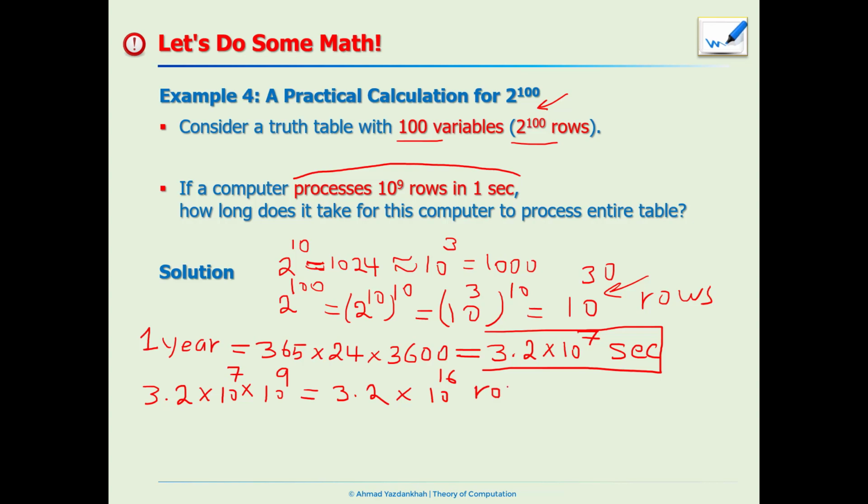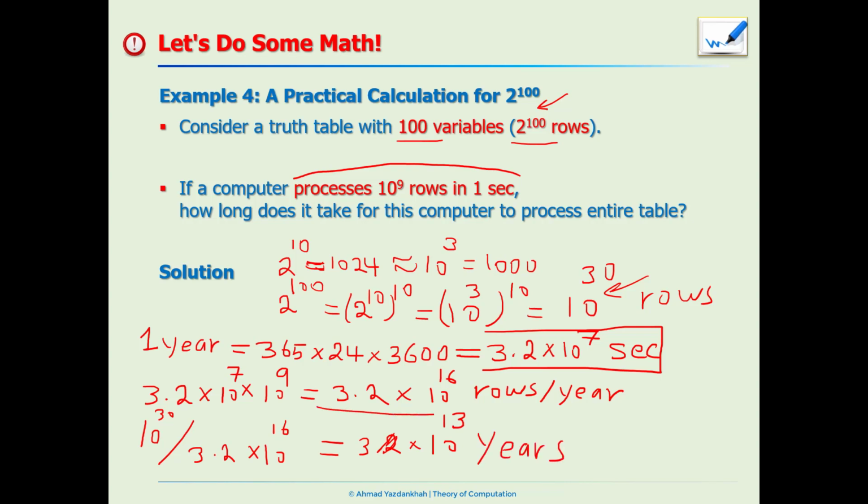So how many rows do we have? 10 to the 30. If we divide this 10 to the 30 over 3.2 multiplied by 10 to the 16, we will get almost 3 multiplied by 10 to the 13 years.